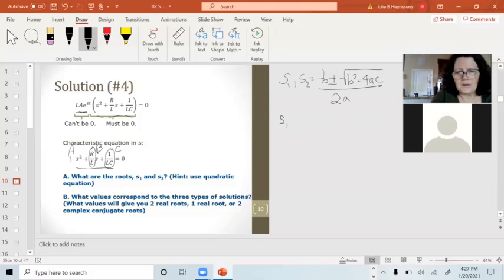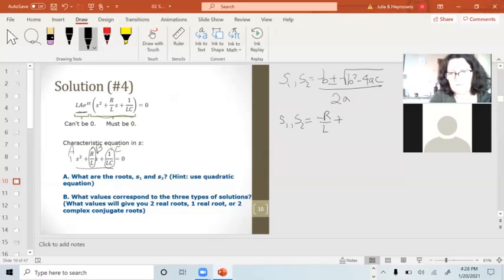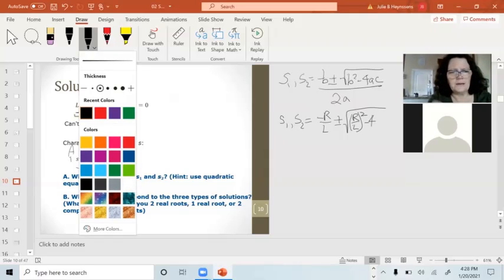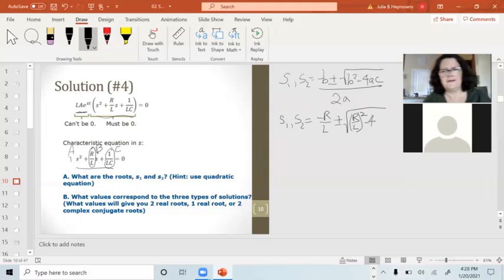Okay, so S1, S2, two possibilities here. Negative b is negative R over L, plus or minus the square root of b squared, R over L squared, minus 4, a is 1, c is 1 over LC, all over 2a.